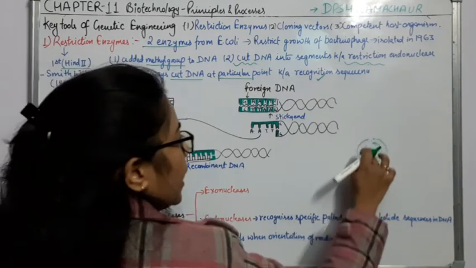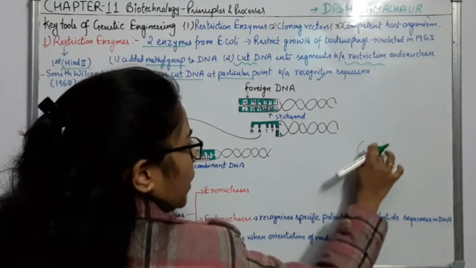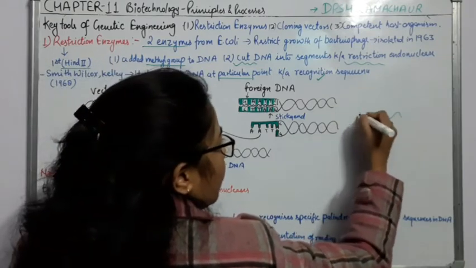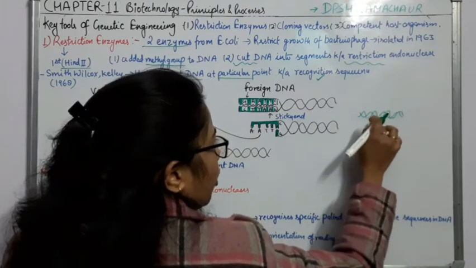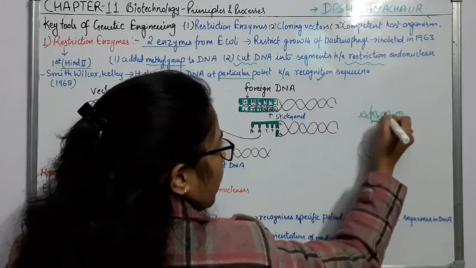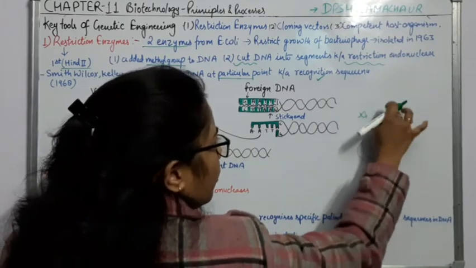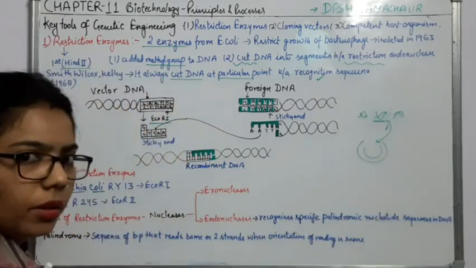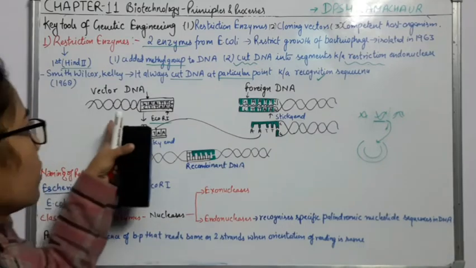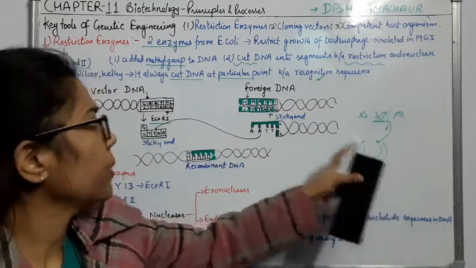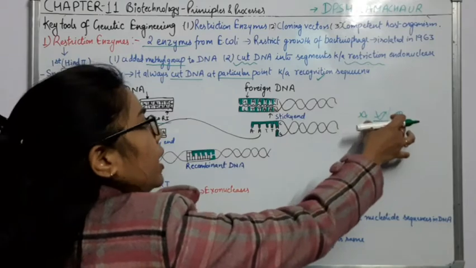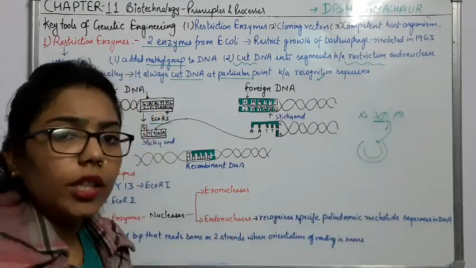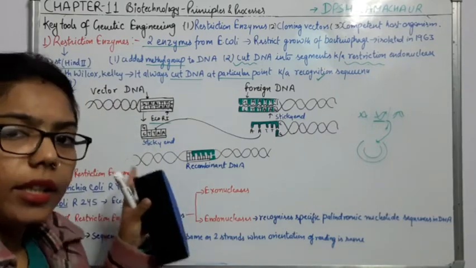So I have to cut this plasmid, and from this DNA I have to take only this part, cut that much and add it into this plasmid. The vector DNA can be the plasmid, and the foreign DNA is the DNA which is of our use, and I have to incorporate it into a particular vector DNA.